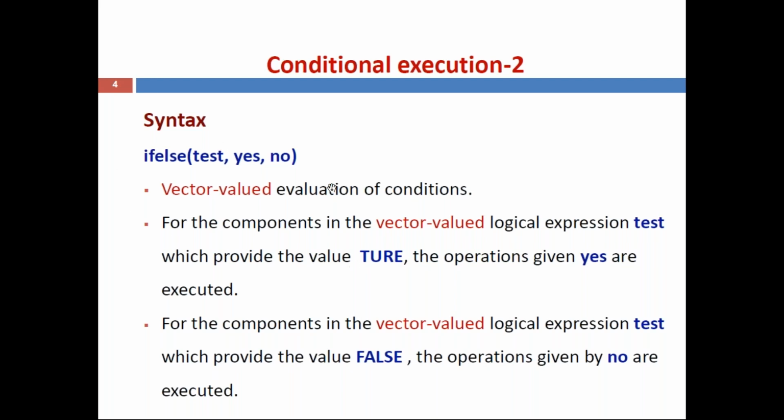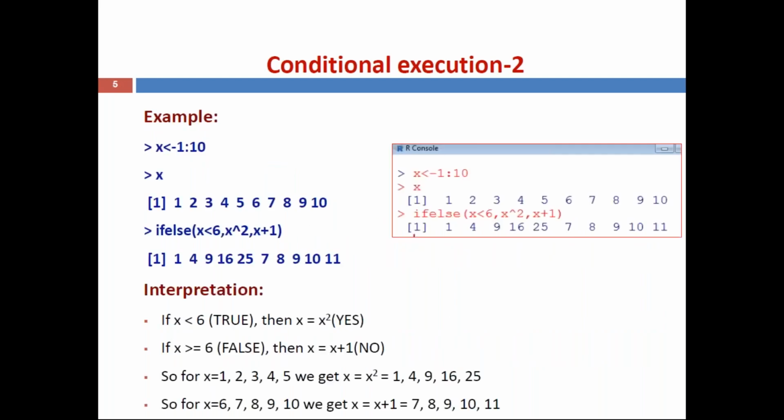For the components in the vector valued logical expression test which provide the value false, the operations given by no are executed, just as we mentioned. So the true part yes will be executed and the false part no will be executed based on the condition test.